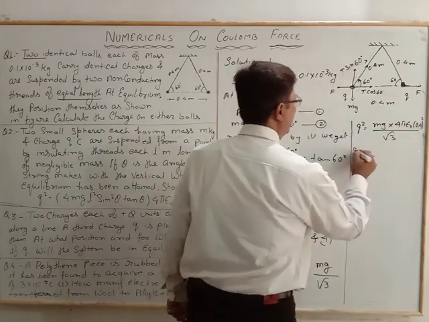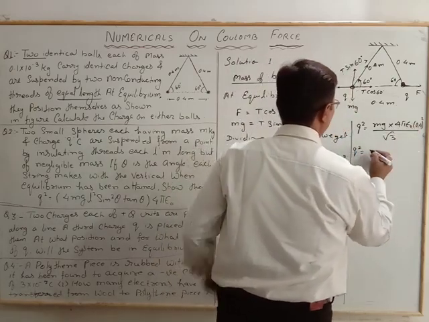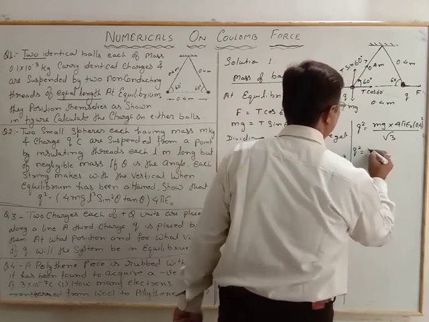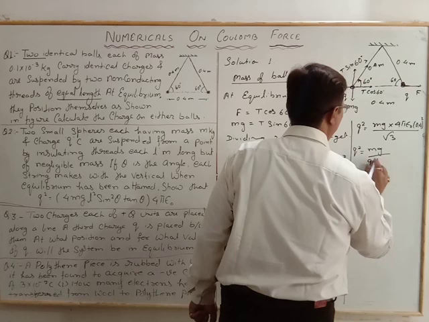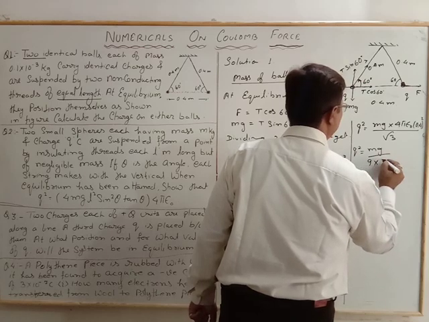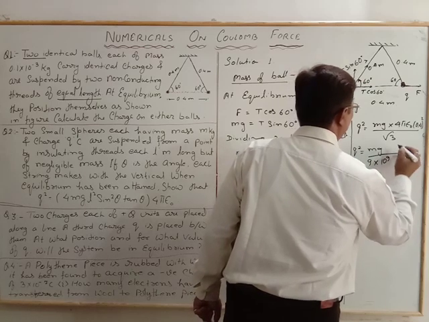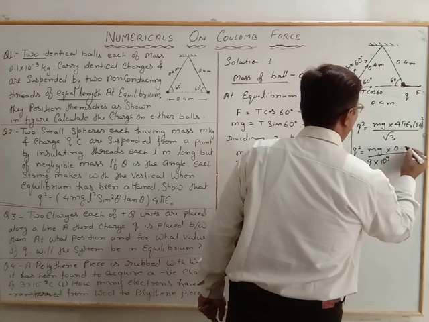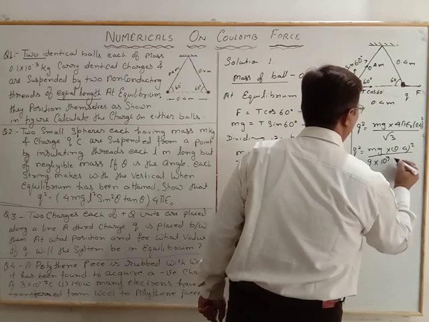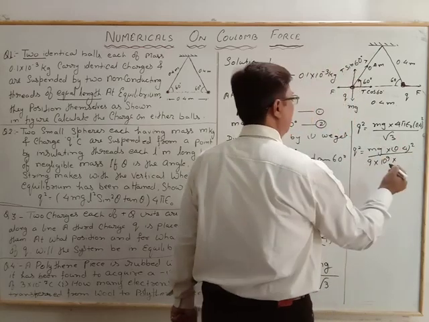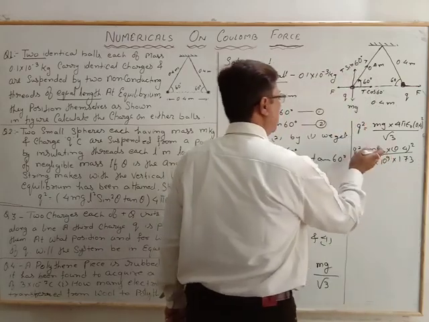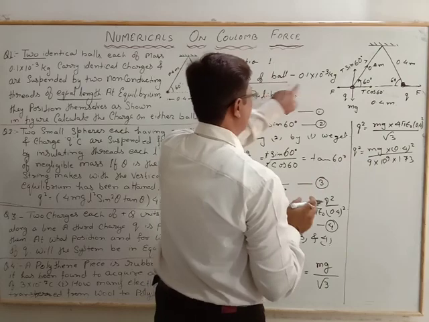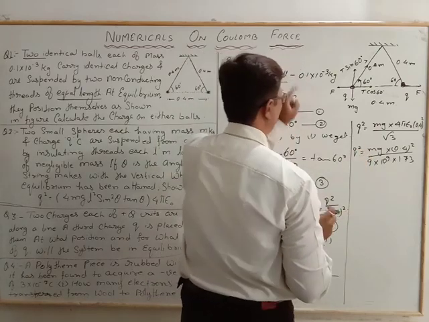Or Q² = mg/(9 × 10^9) × (0.4)² divided by, in place of root 3, we write 1.73. Now put the values of the mass of the ball m and g = 9.8.